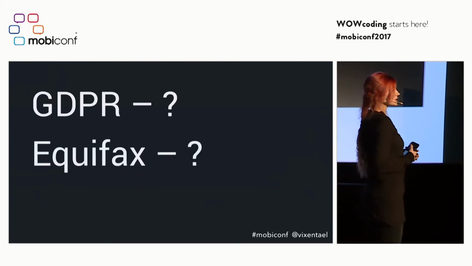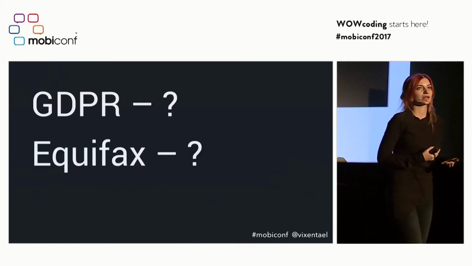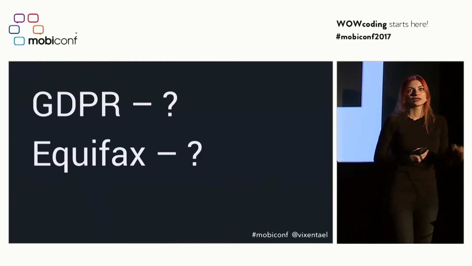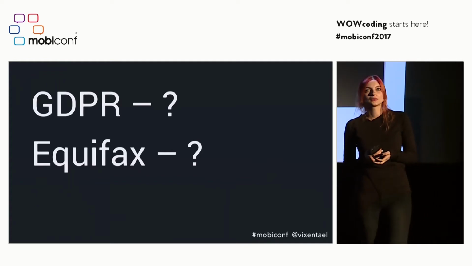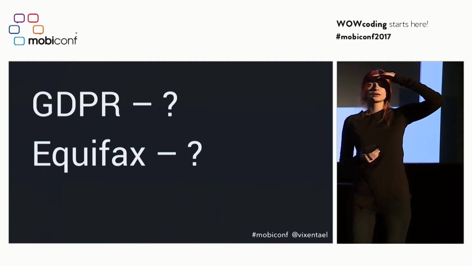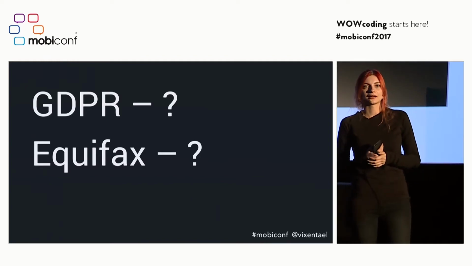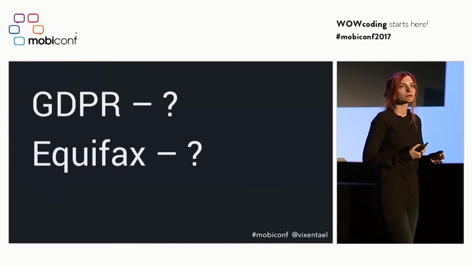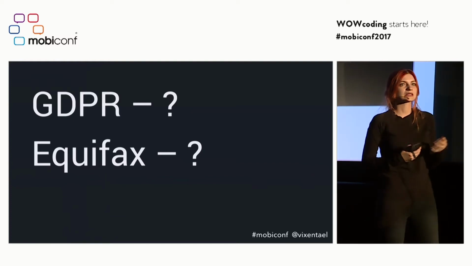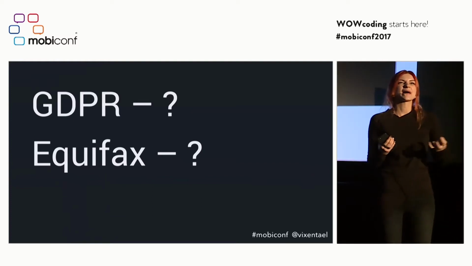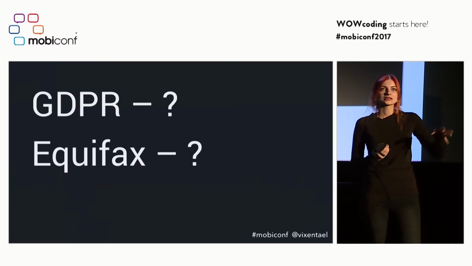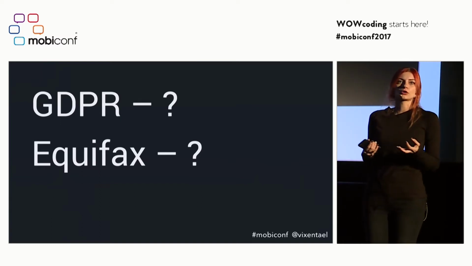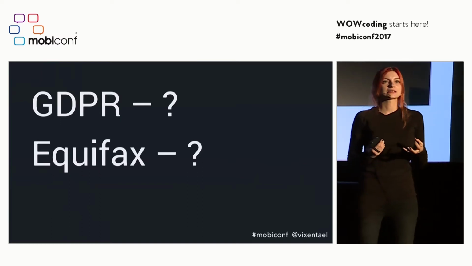Do you know the story behind Equifax? What is Equifax? Security, identity, yeah. Equifax is a credit bureau from the US, and they experienced a massive data leakage several months ago. Credit bureau, what kind of data do they have?